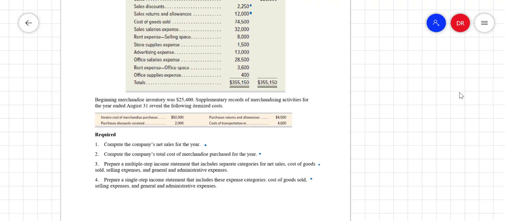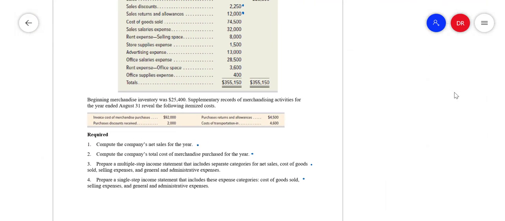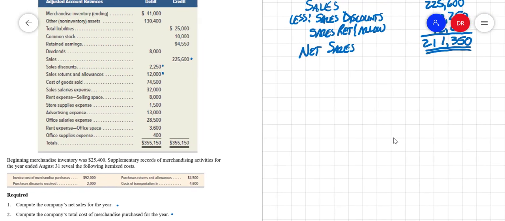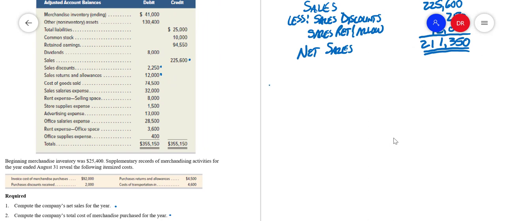Okay, so now we're going to go to number two and compute the company's total cost of merchandise purchased for the year. So we're going to calculate what they want us to calculate, which is the net purchases that they've made for the year. So we're going to start with the invoice cost of merchandise purchased, and that's going to be $92,000.